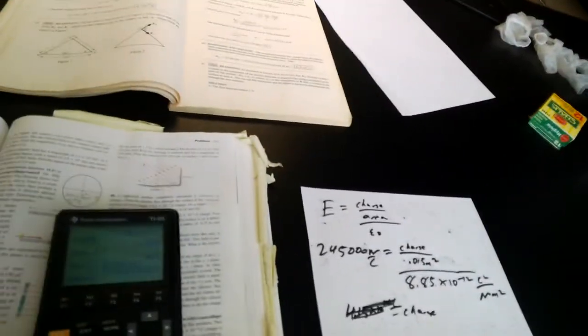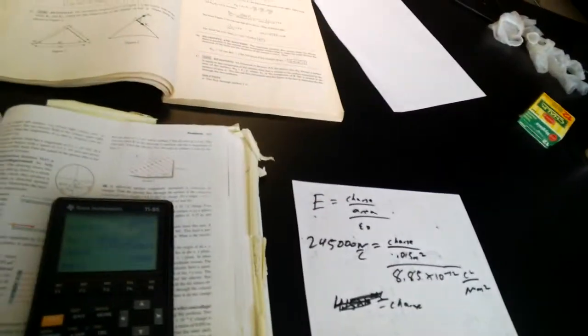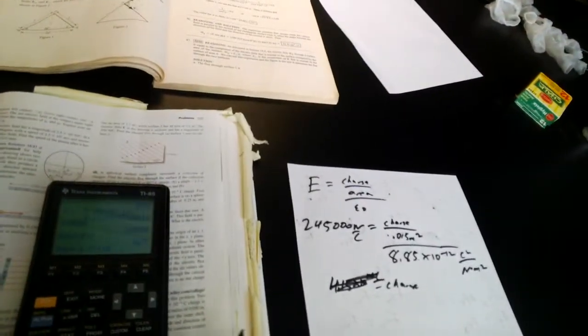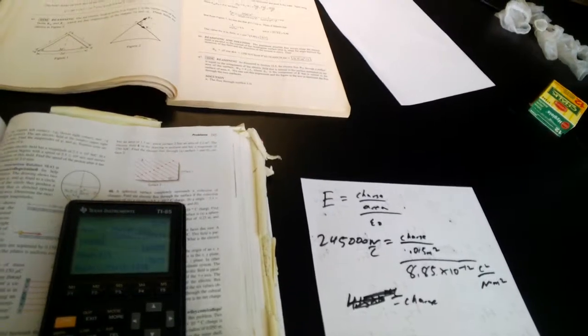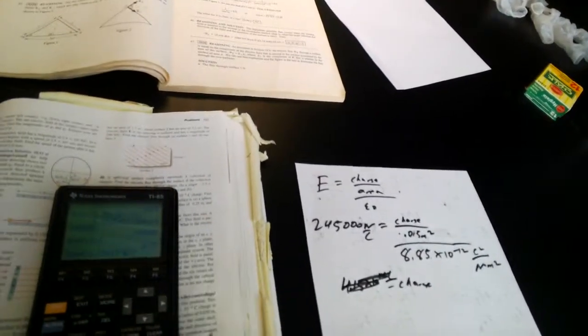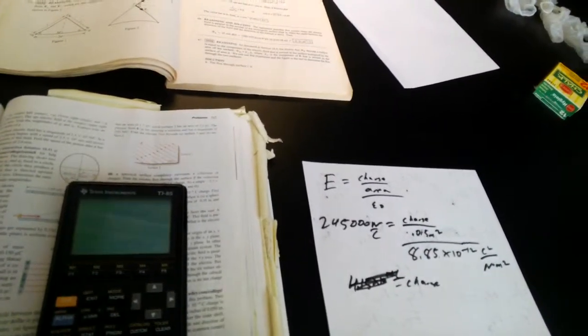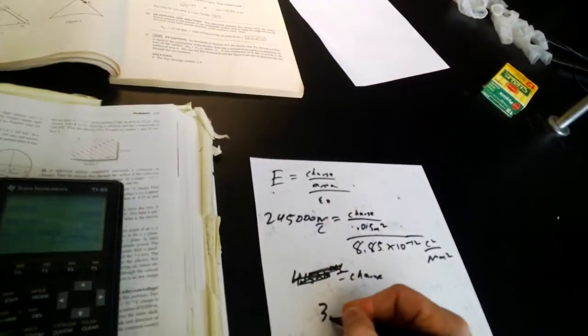Stupid mistake. All right, and then times 0.015. Either that or I forgot a caret. There we go. So everything's fine. I just plugged in numbers wrong.